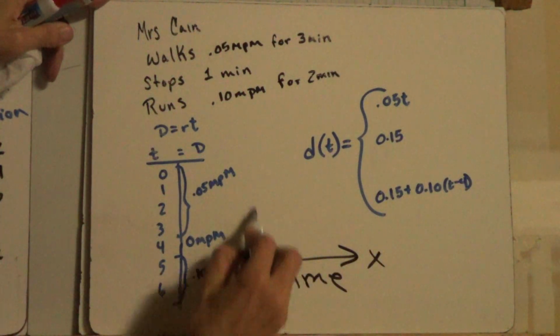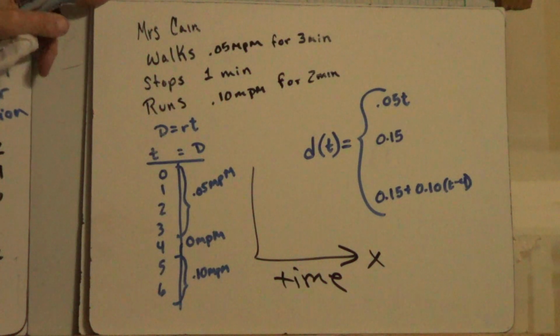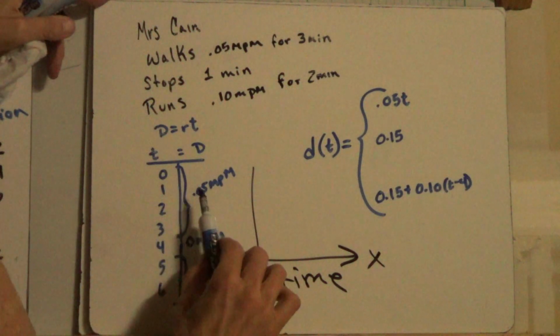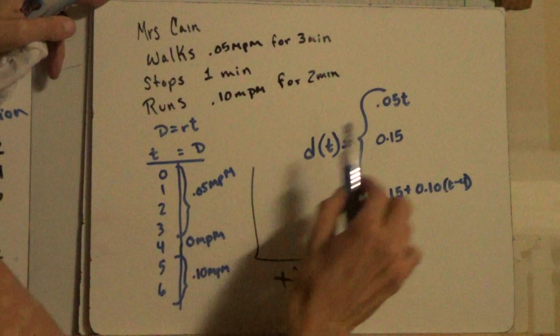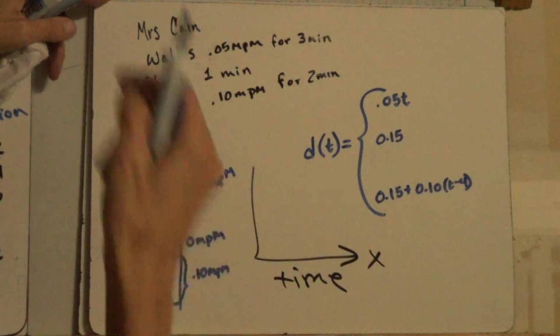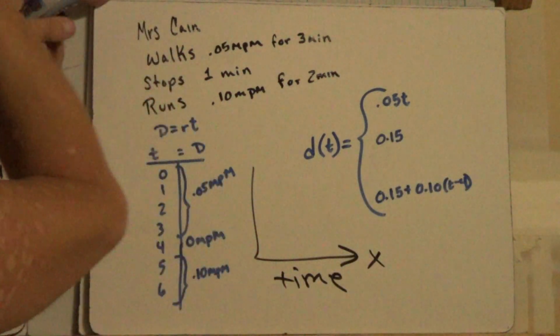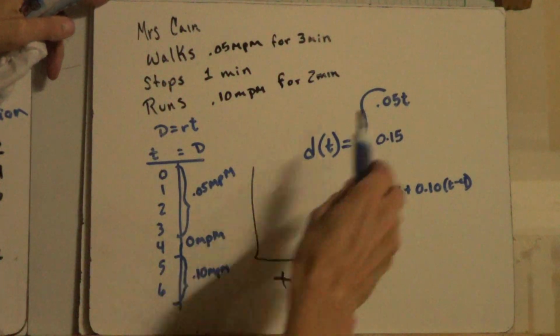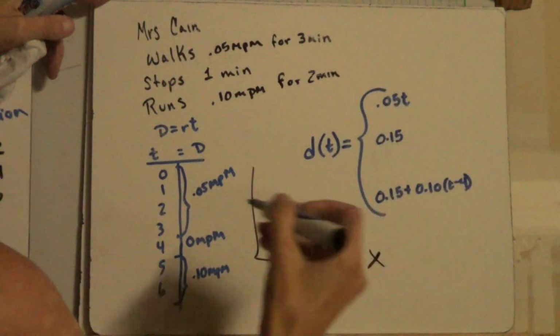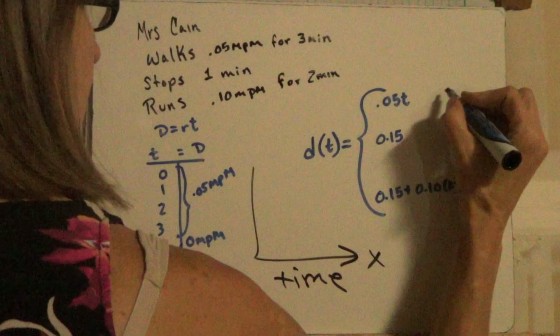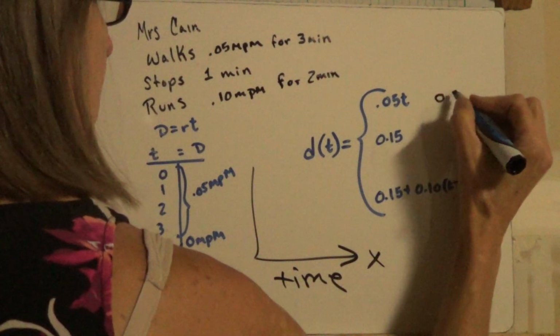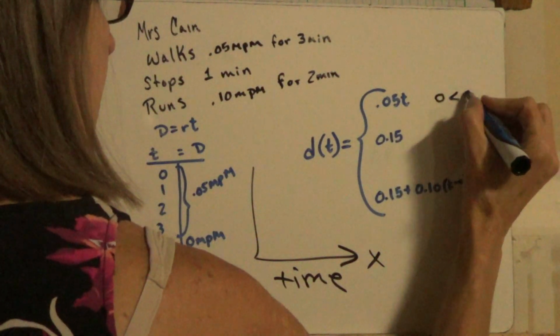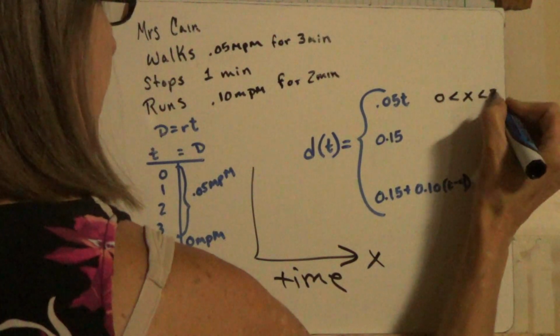So we'll graph our distance going up our y. So I'm going at a rate of 0.05 miles per minute for however many minutes I'm going, and that's between 0 and 3 minutes.